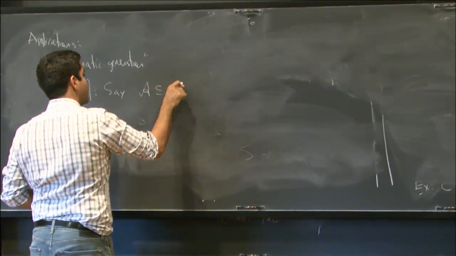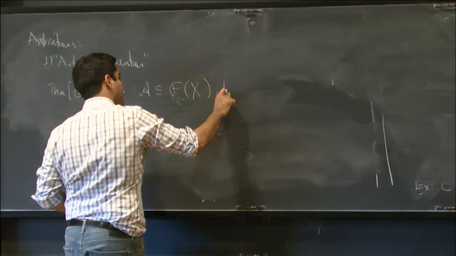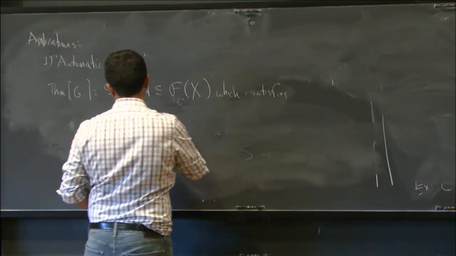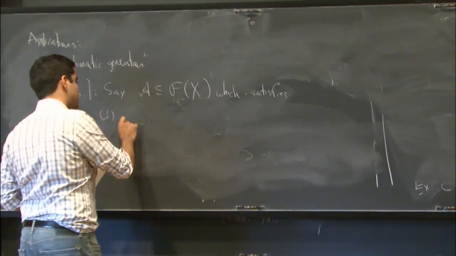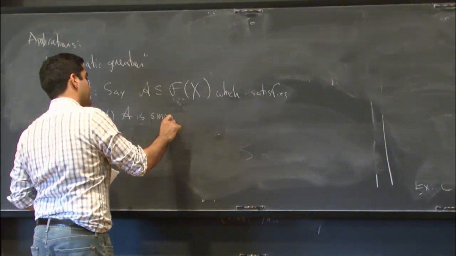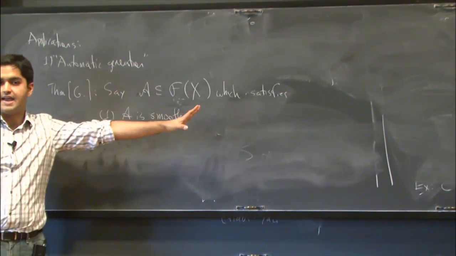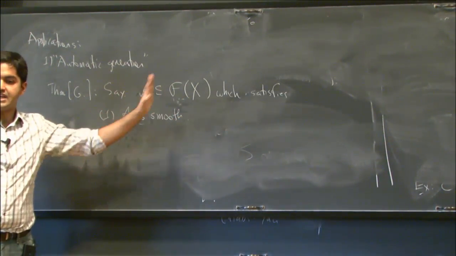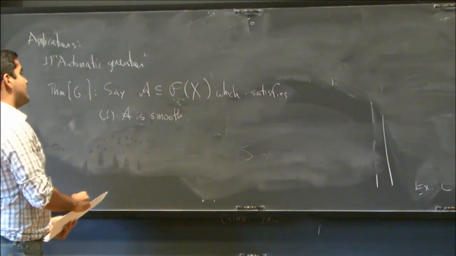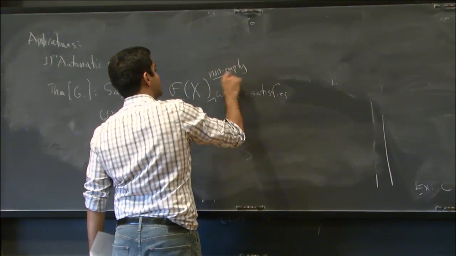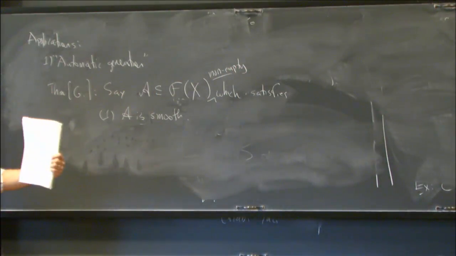Say you found a full subcategory of the Fukaya category which satisfies two conditions. First, it's smooth. So you understood something about its A-infinity algebra structure enough to prove it was smooth. That's some intrinsic condition to that algebra, not involving any new understanding of morphisms in your category. Maybe I should say it's a non-empty category, so it should have at least one Lagrangian with non-vanishing Floer cohomology or something.